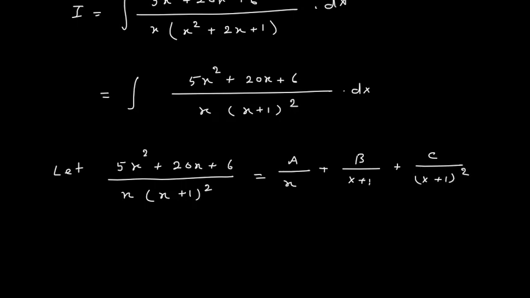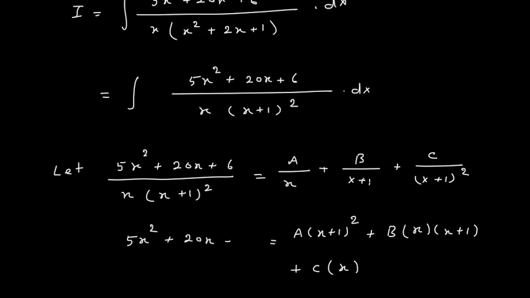Now I will make the denominator the same. So here it is a into x plus 1 the whole square, plus b into x plus 1, so I will multiply by x and x plus 1, plus c into x plus 1 square, so I will multiply only by x. And on the left hand side we have 5x square plus 20x plus 6.